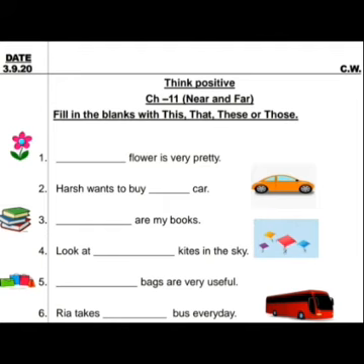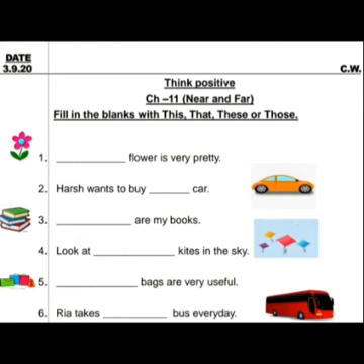Okay, so you can see on the left column I have made a flower, many books, and you can see the bags are there. And on the right side, far away from the number, I have made a car, kites are there, a bus is there. So we'll see the numbers. You can see the pictures which are on the left, they are close to the numbers, and the pictures which are on the right hand side, they are far away.